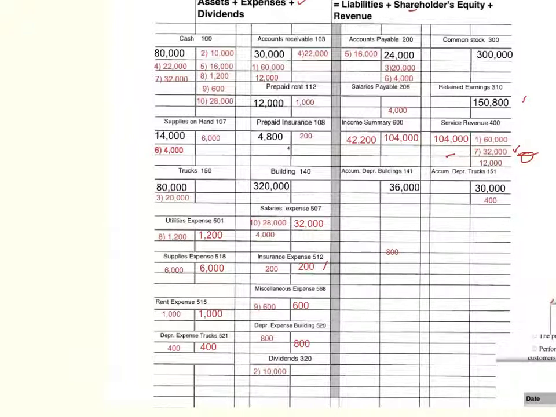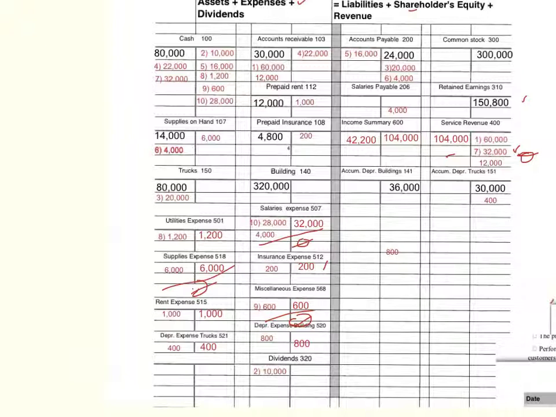So now you see service revenue has a 0 balance, and all of these expense accounts have 0 balances. Okay, debit $600, credit $600, 0 balance. Debit $6,000, credit $6,000, 0 balance. So I bring them all back to 0 at the end of this accounting period. So they begin the new accounting period with 0 balances.